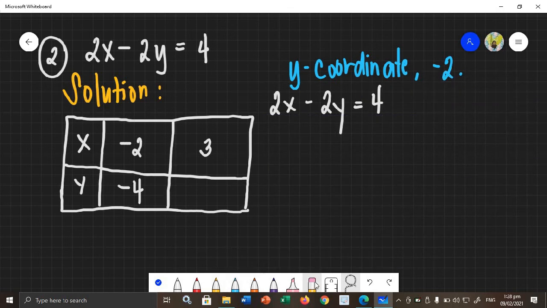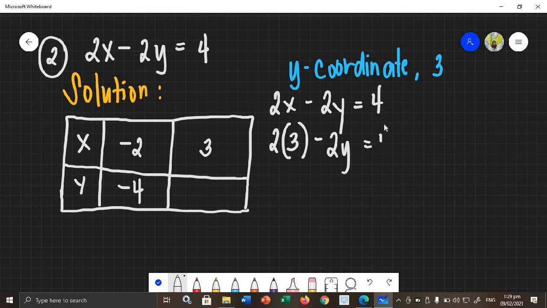So for your second y coordinate, we will be using the second x coordinate, okay, which is 3. So substitute natin si 3 sa x dito sa linear equation. And then 2 times 3, that is equal to 6 minus 2y equals 4. And then we need to isolate si variable y. So we need to transpose 6 to the right side of the equation.